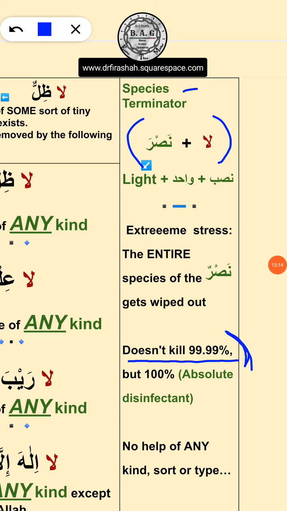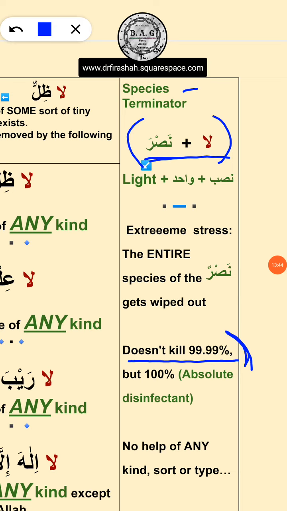So if you say la nasra, it would mean that no help of any kind, all the varieties of help, in terms of intensity, quality or quantity, have been negated, terminated, eliminated. Total elimination, this is what this formation signifies.